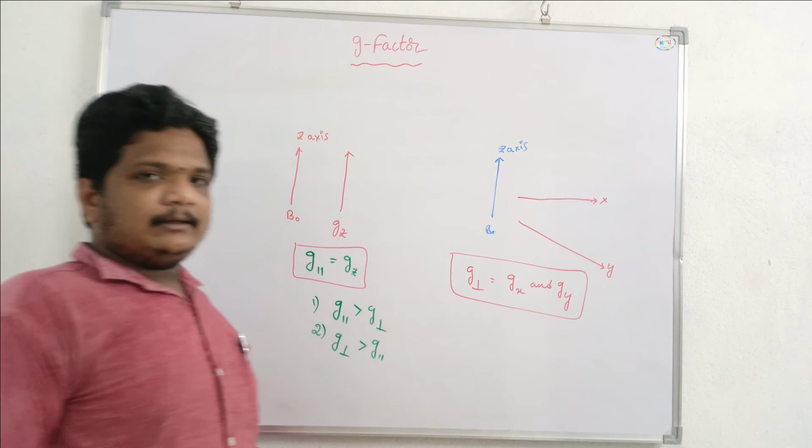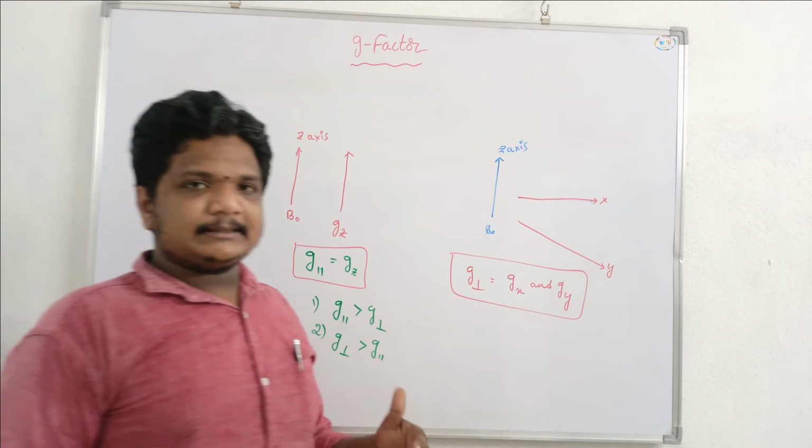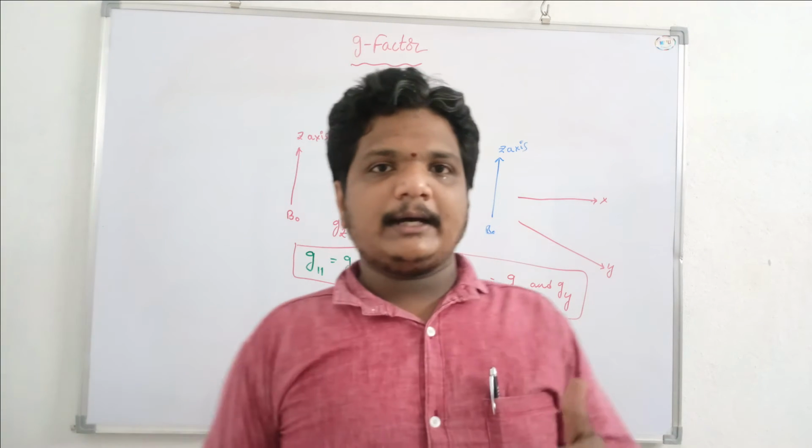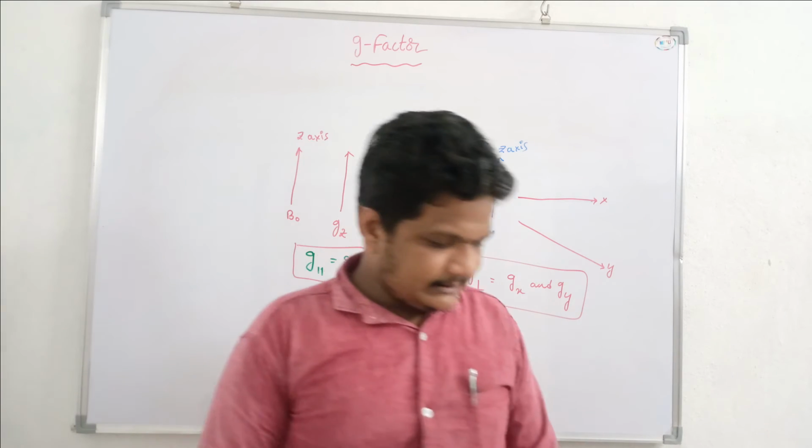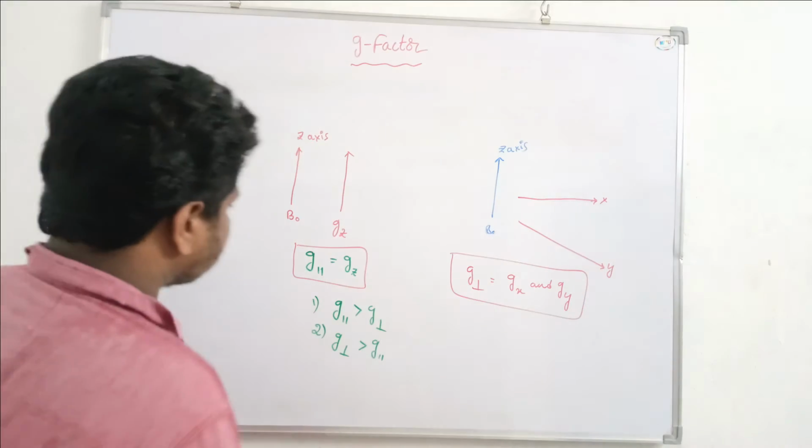In which kind of situation can we observe g parallel greater than g perpendicular, and in which situation g perpendicular greater than g parallel? Let us see an example: the d9 system in octahedral complexes. In the case of the d9 system, that is copper.